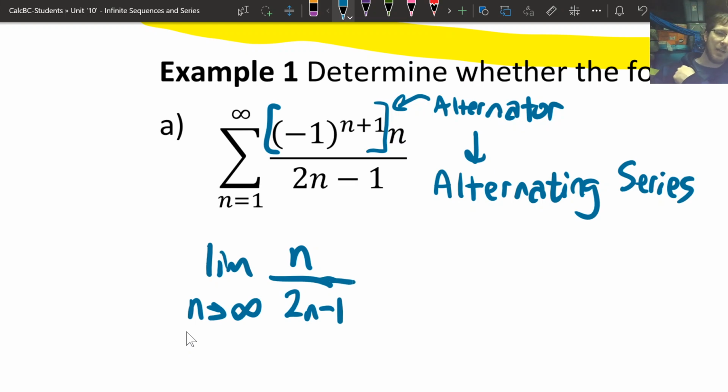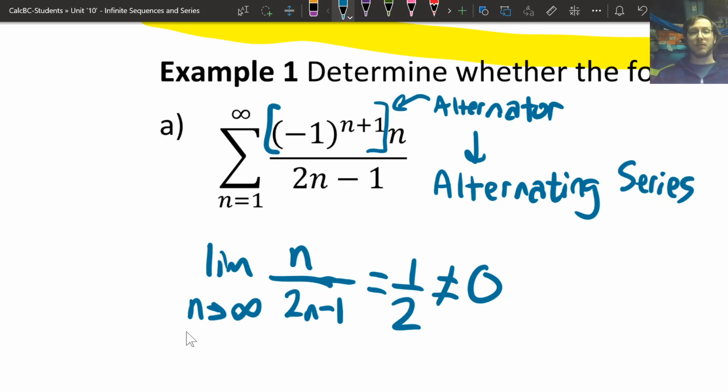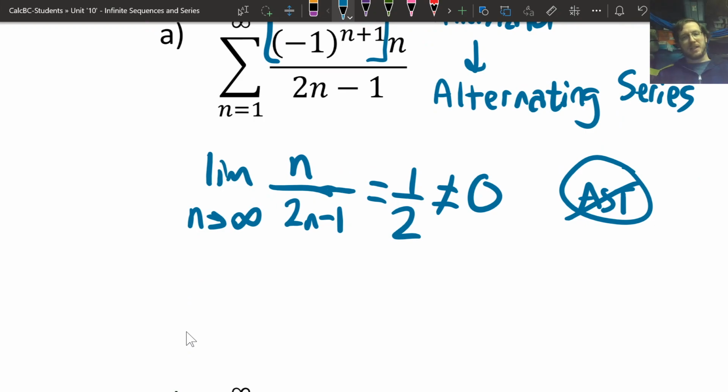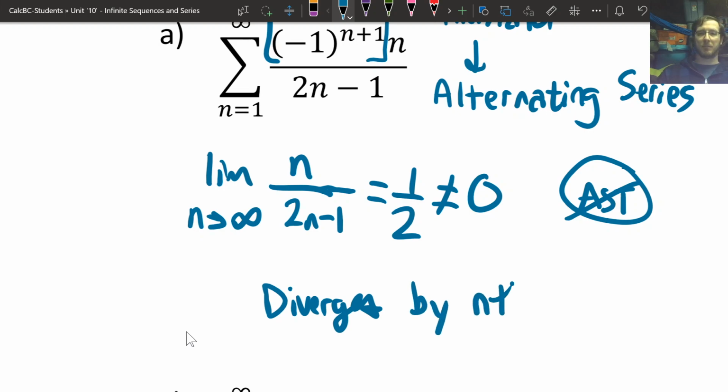As n approaches infinity, looking at our n behavior model, n over 2n minus 1 doesn't hold its own weight, so we're going to have a 1/2. 1/2 is not 0. Since it's not 0, we can't use AST. So since the limit doesn't equal 0, we can say that our series diverges, not by the AST, but by the nth term test.